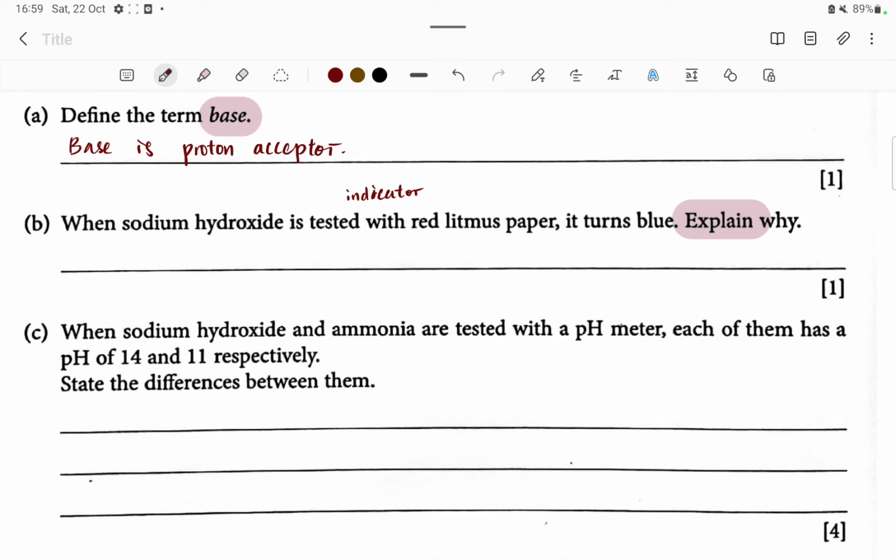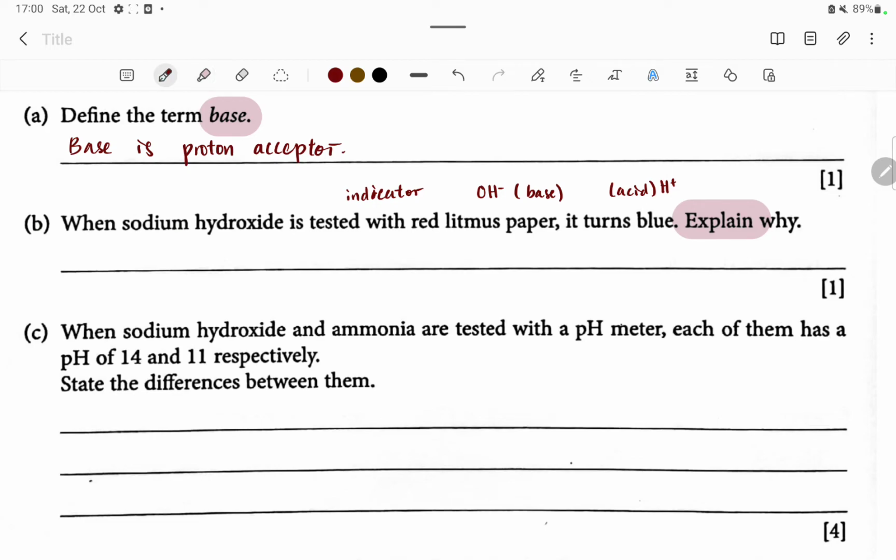If it is a base, they have to detect OH minus, hydroxide ions. For acid, they will detect H plus. So if red litmus paper turns blue, it means they already detected the OH minus, the hydroxide ions.